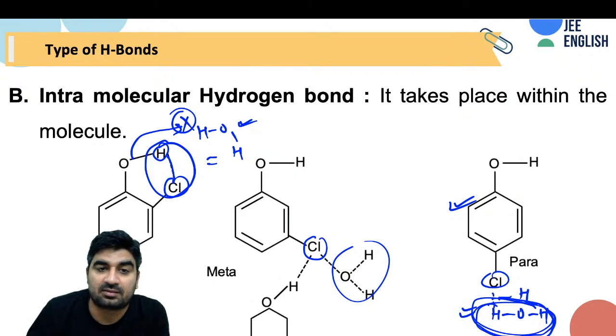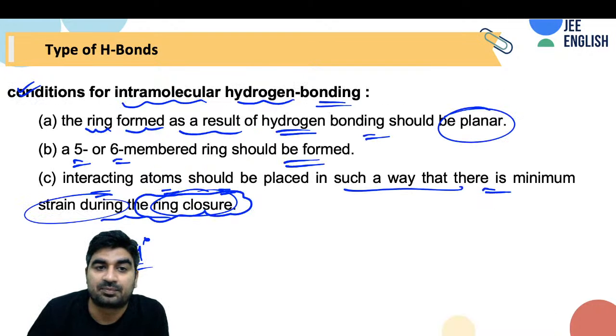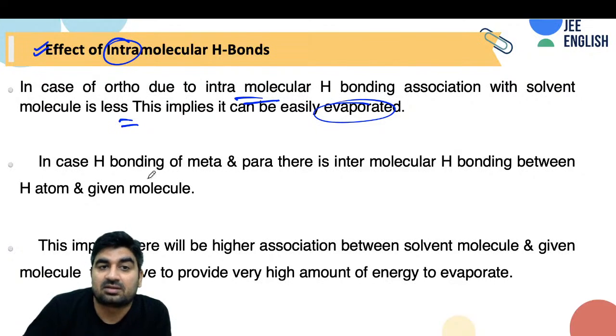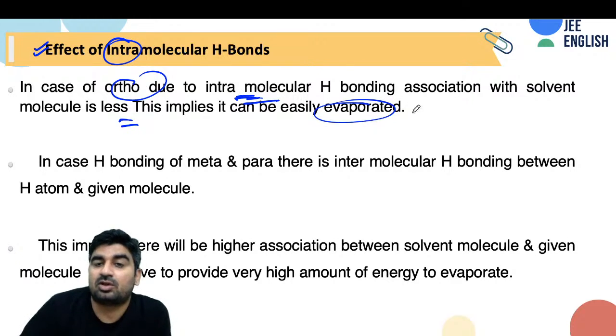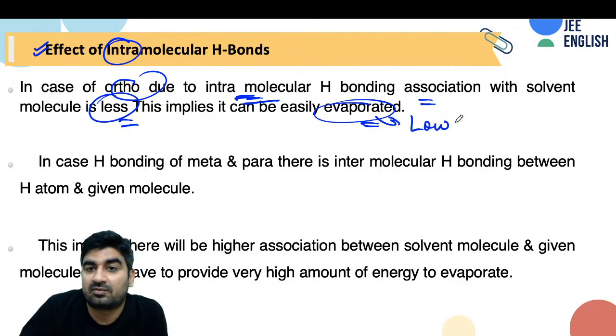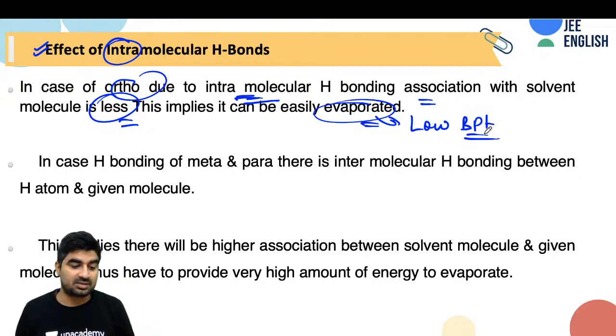So what will happen here? In case of ortho, due to intramolecular hydrogen bonding, association with the solvent is less. As a result, they can be easily evaporated. It means they will have low boiling point, because they can be easily evaporated.